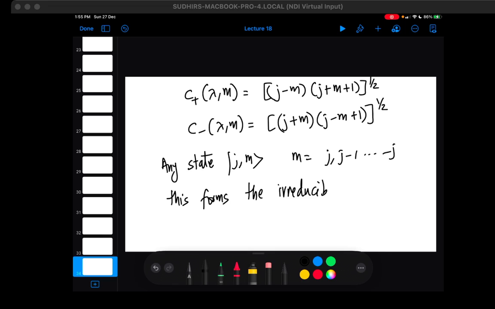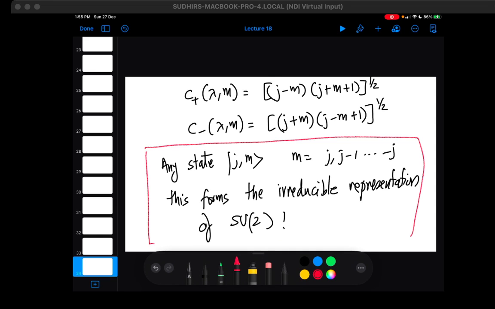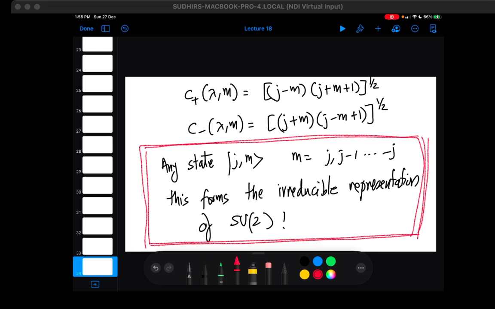So what we have used essentially is that we have determined all the properties of a given state in terms of angular momentum algebra. We have determined its coefficients and constructed the entire representation in terms of its j square values and jz values.